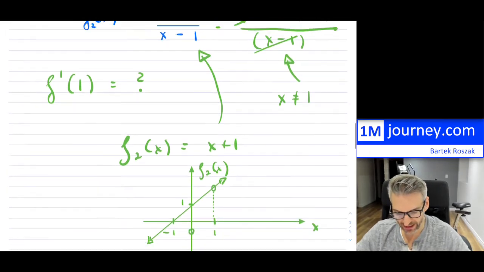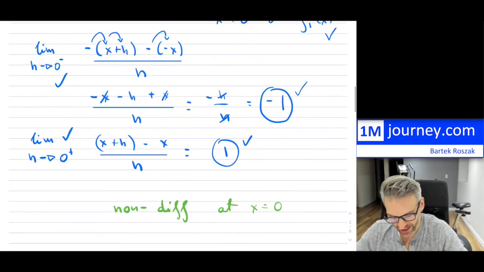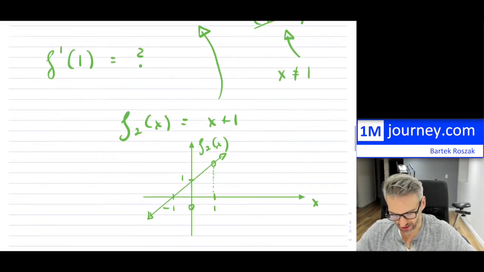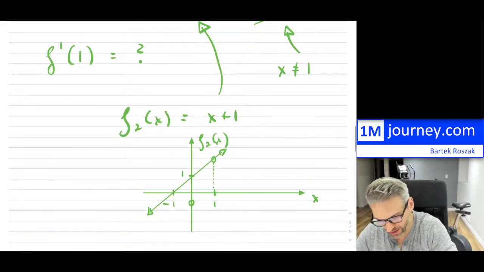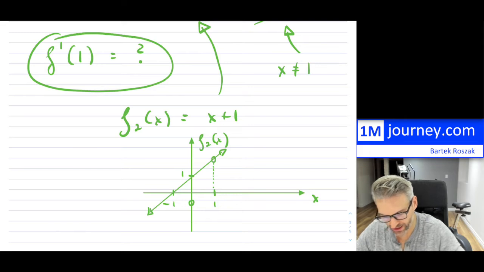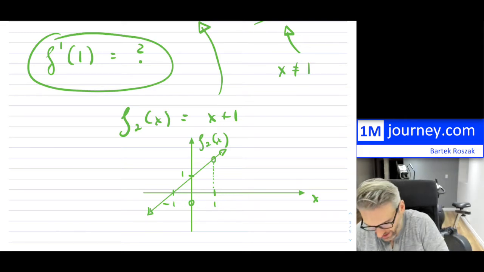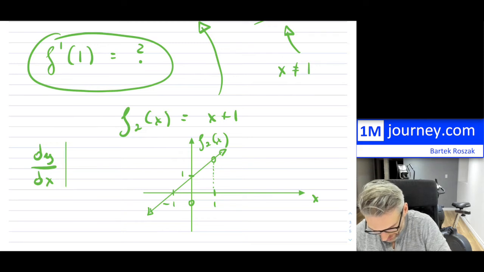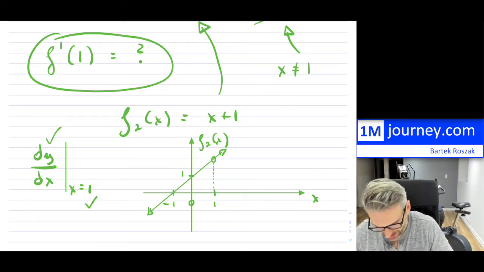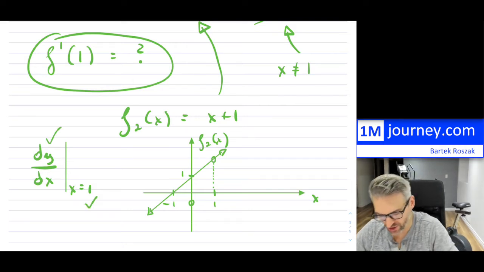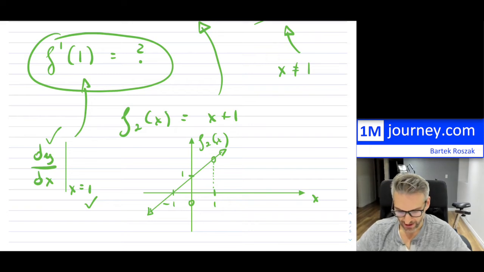So we do not even have to check this limit. If somebody's asking us for the derivative at 1, sometimes you might abbreviate it like this, by the way. Also, if you want to find the derivative at x is equal to 1, that's another notation. It's the same notation as this.